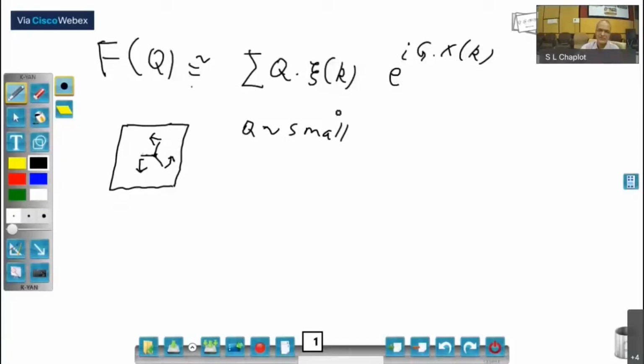So for a rotational phonon, this term tends to be small or zero for small q values.